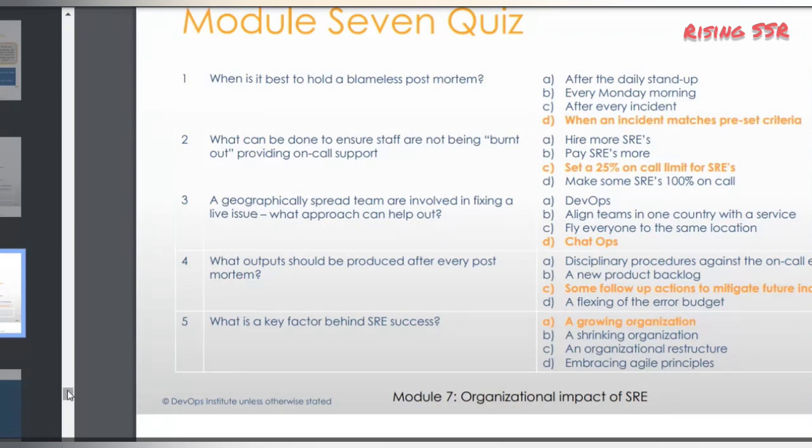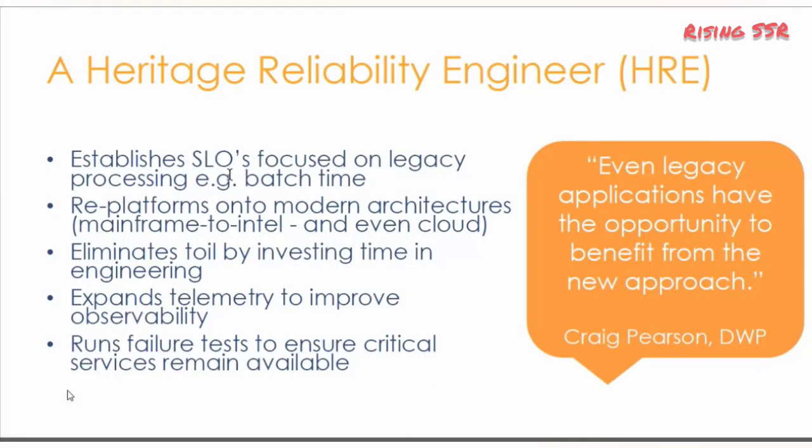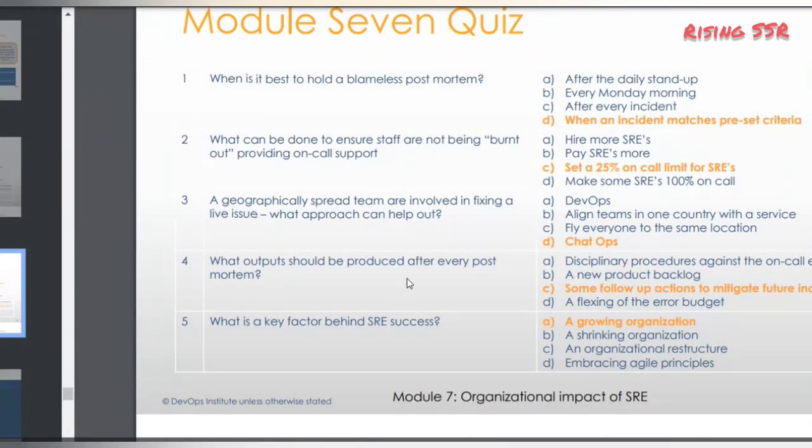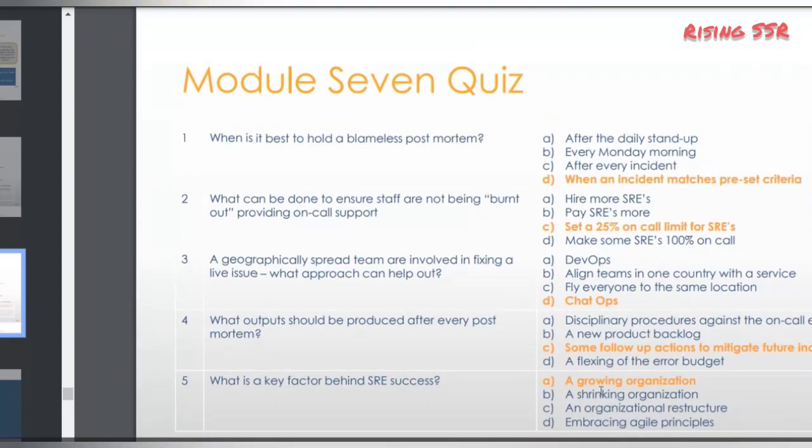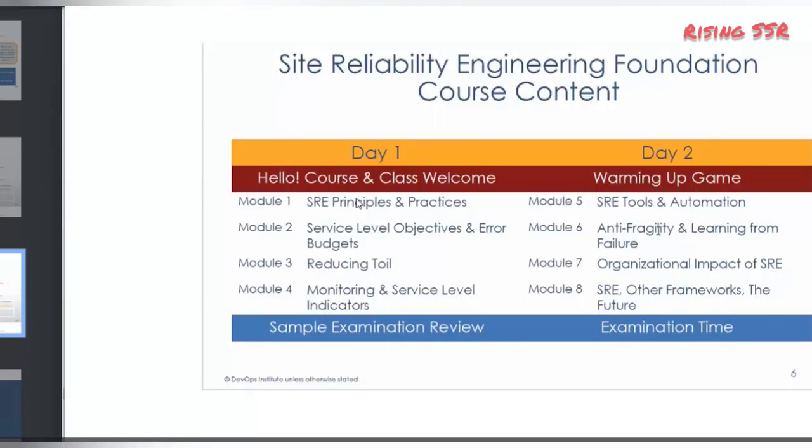This is followed by the heritage reliability engineer. Most of the colleagues or professionals who are currently mainframe IBM Z series or Unisys mainframe administrators, those systems are still going to exist. Maybe we don't know, they may vanish after 5, 10, 20 years. We have no idea, especially as the core banking systems are built on those legacy platforms.